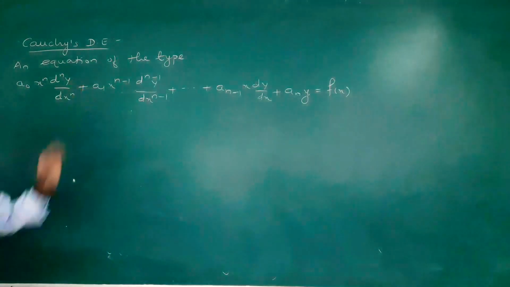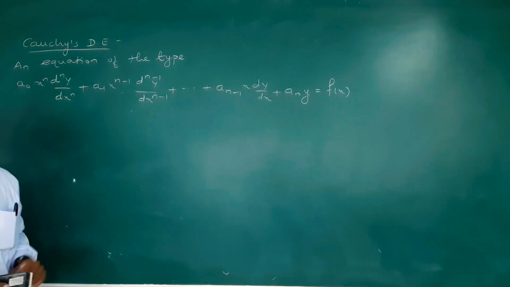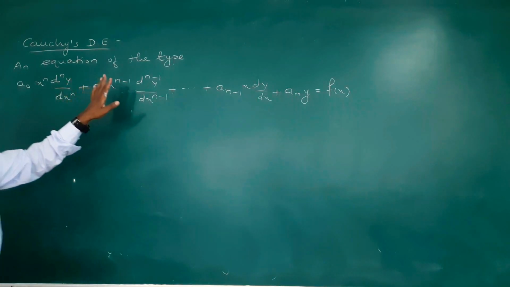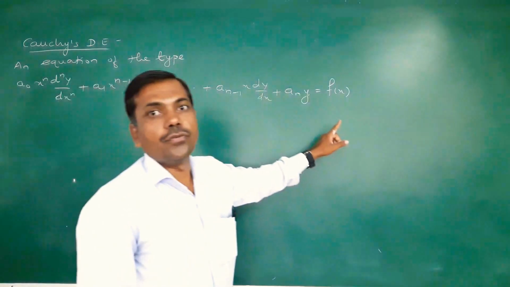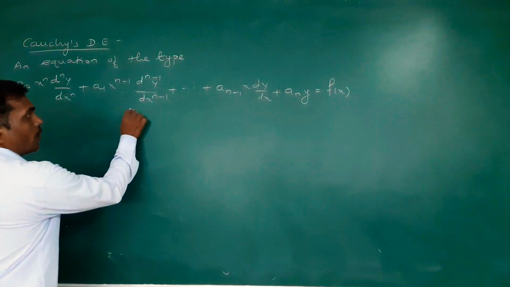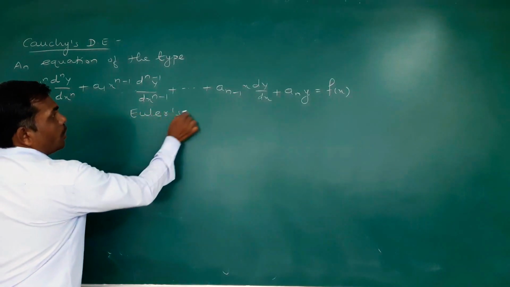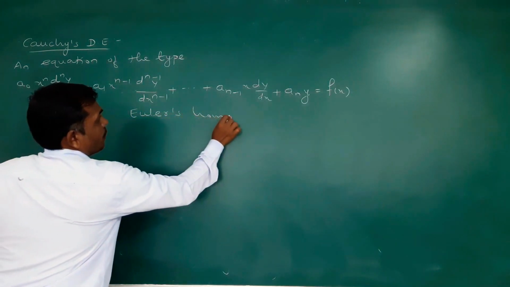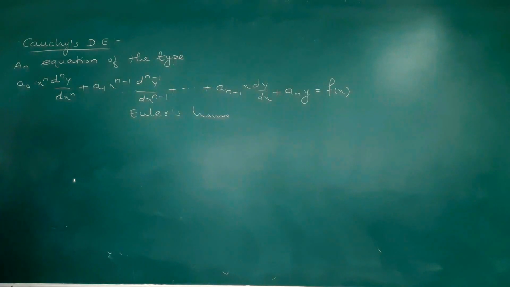Such an equation is called Cauchy's differential equation if f of x is not equal to 0. If f of x is equal to 0, then it is called Euler's homogeneous linear differential equation.